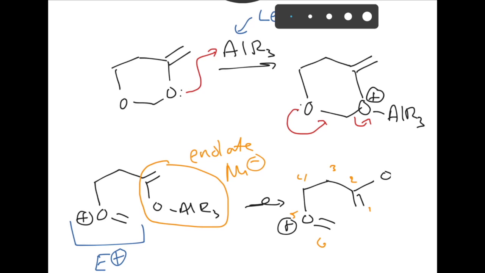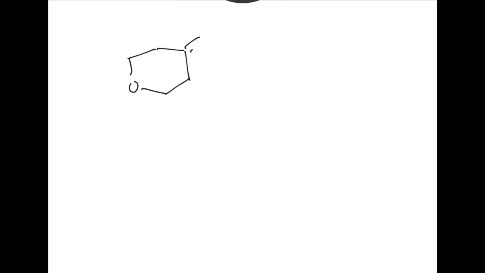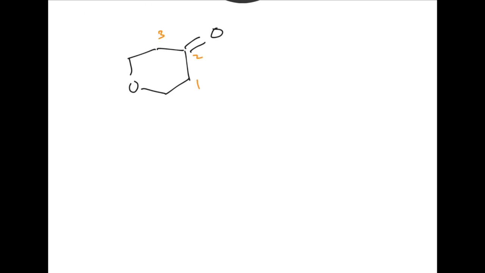The electrons in this aluminum oxygen bond can come down, push these electrons over and onto that oxygen, and that's going to make the 6-membered ring that you see. So that's going to lead to that as your product. So if I were to number, let's go back. So it's 1, 2, 3, 4, 5, 6.